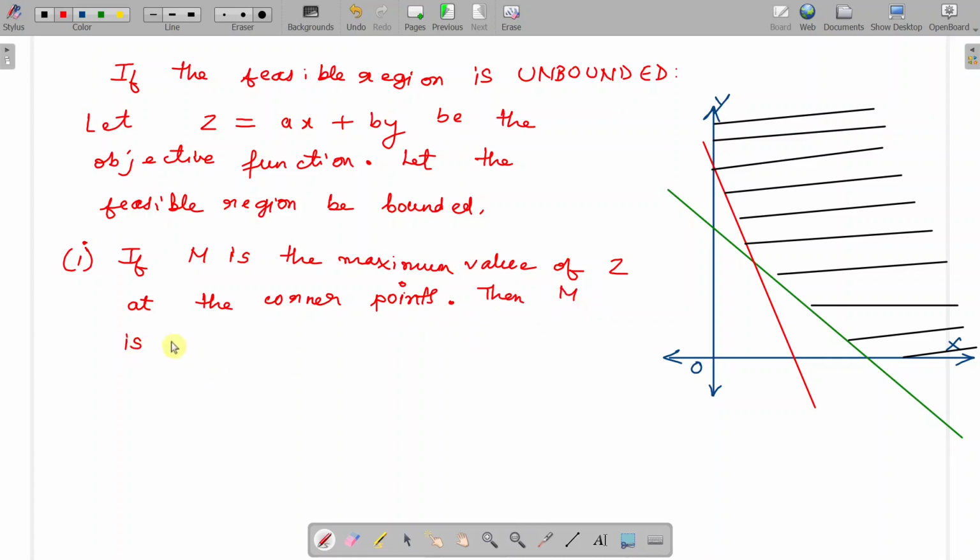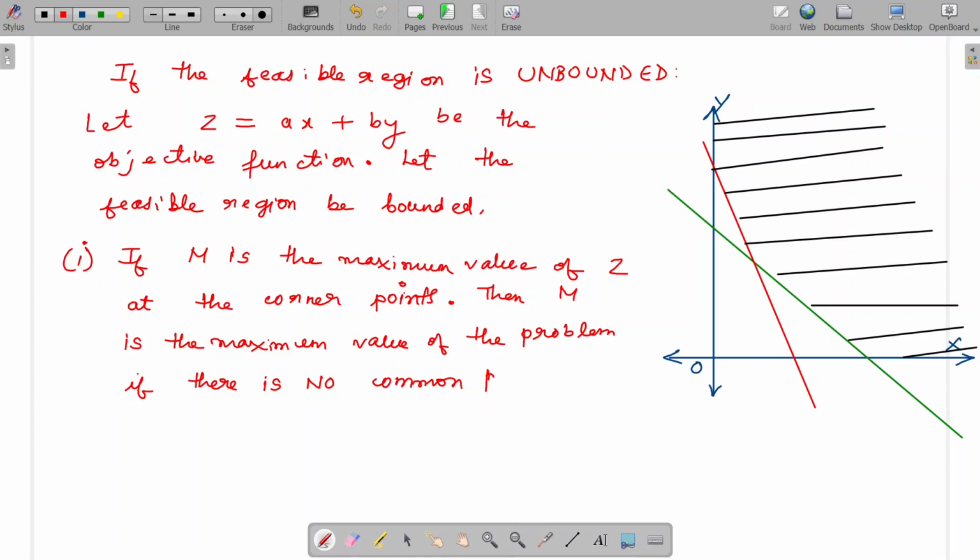M is the maximum value of the problem, okay, if there is no common point between this inequality ax plus by greater than M and the feasible region. Okay, so have you understood?